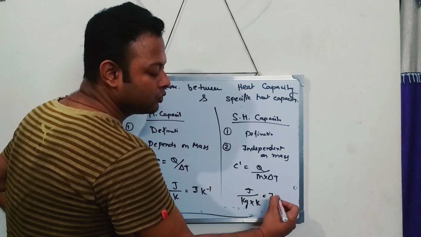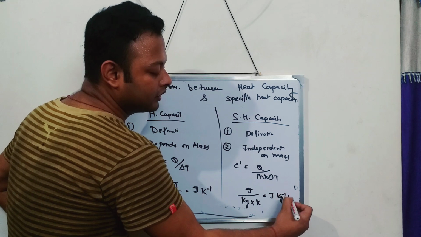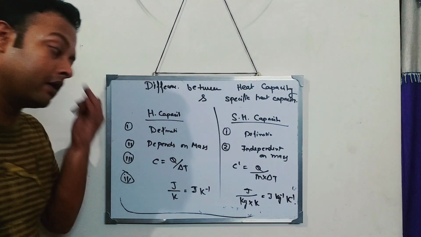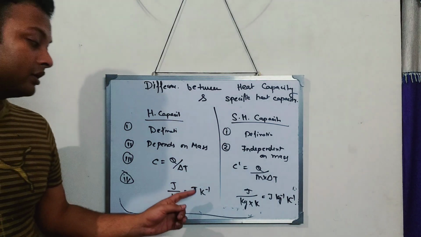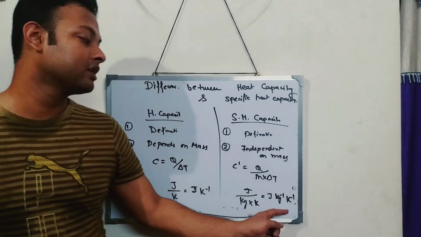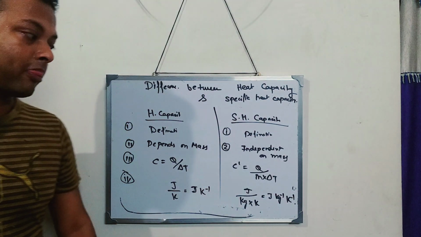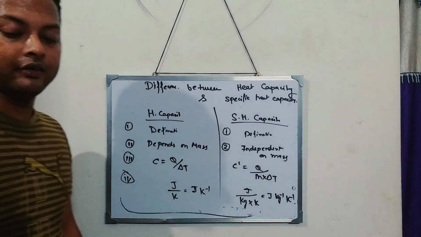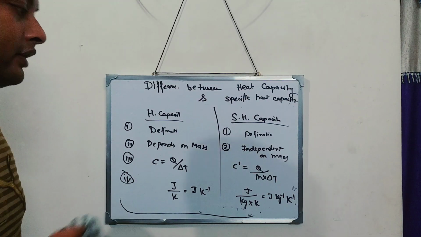So it becomes joule per kg per Kelvin. This is the SI unit of heat capacity and this is the SI unit of specific heat capacity. I think you understood this part.